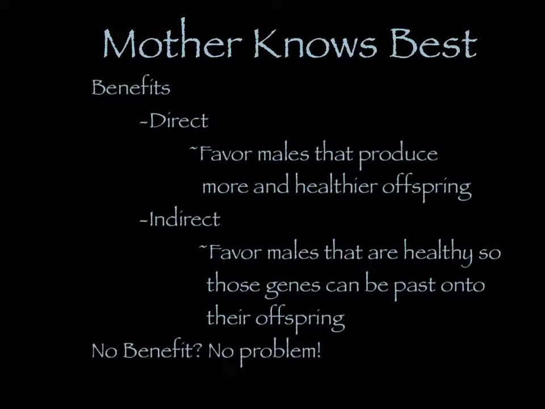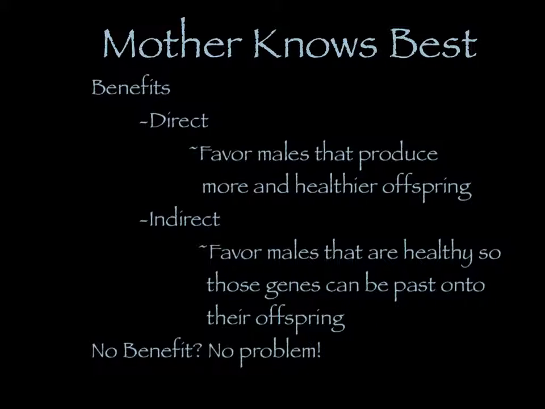There are two types of benefits, direct and indirect. For direct benefit, a female will choose a male to produce more and healthier offspring through the act of childcare. For indirect benefit, the female will choose a male who has better genes than other males. Females ultimately choose traits that will give them the most benefit.